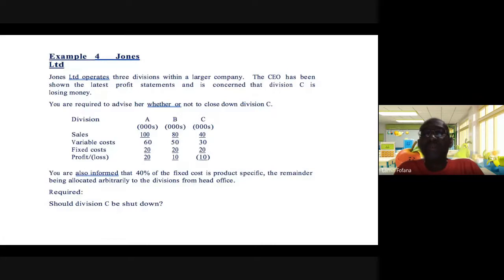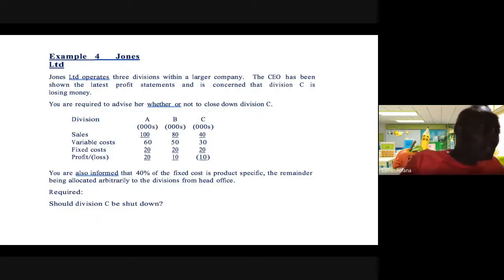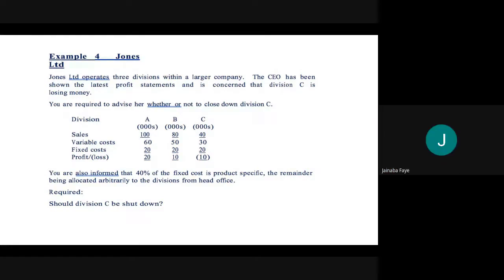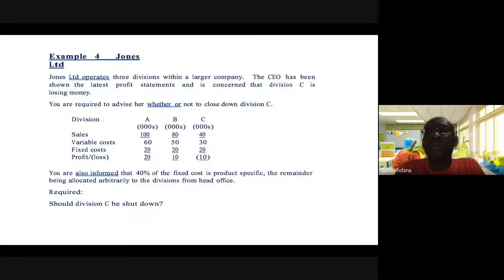Any questions, please? Okay, excellent. Do you understand it? Yes, I'm getting it. Excellent, good. I guess everybody understood it.